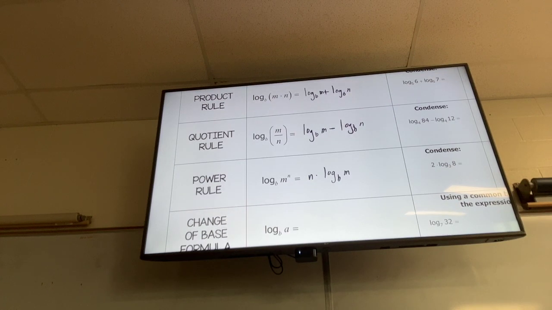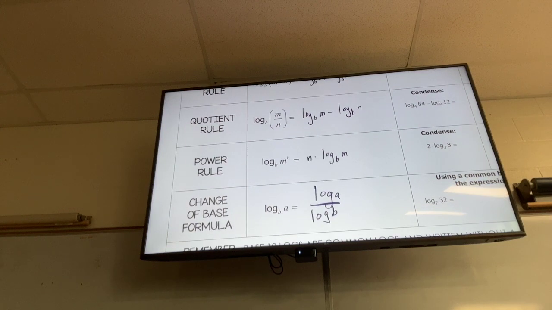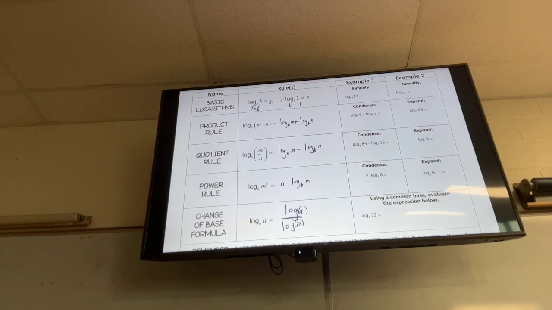What can I rewrite log base b of a as? Log a over log b. That's all she wrote.